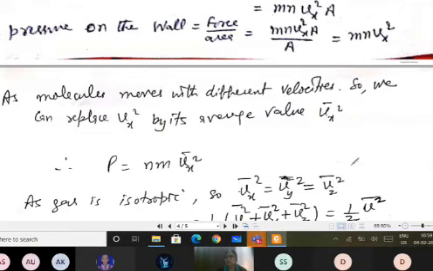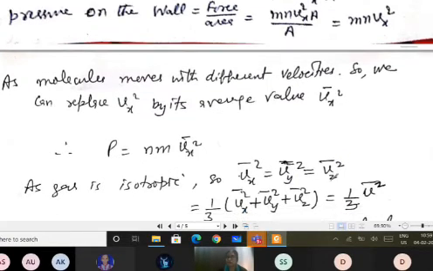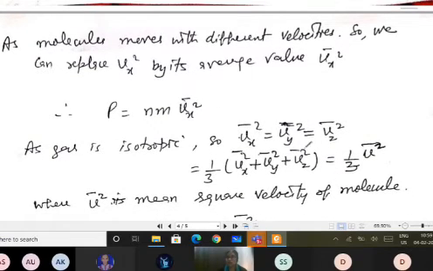If I take the average velocities as equal, then I can write Vx square equals Vy square average equals Vz square average. So I can write the average as 1 by 3 of Vx square plus Vy square plus Vz square, which equals 1 by 3 V square.